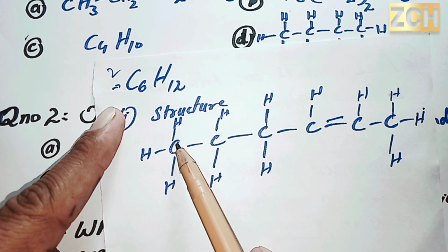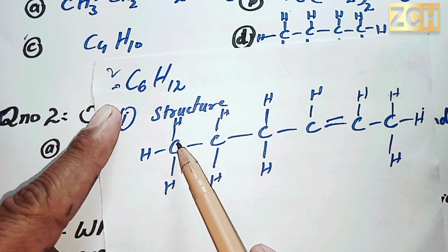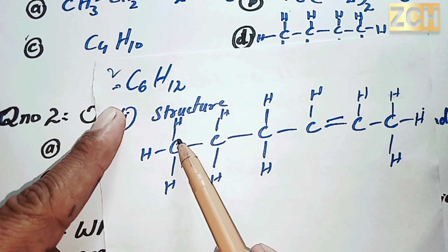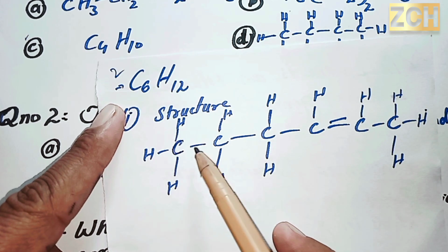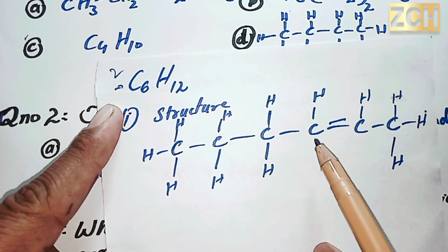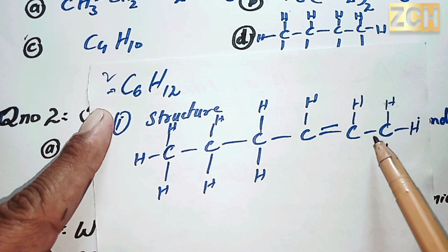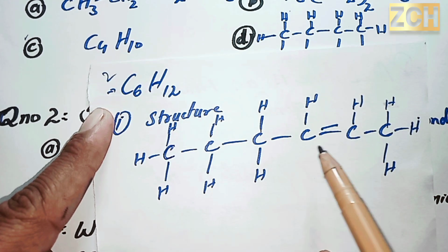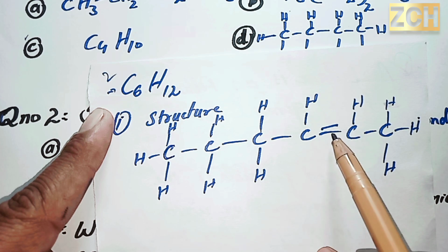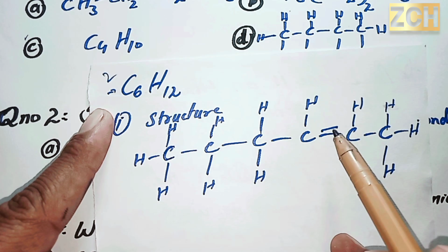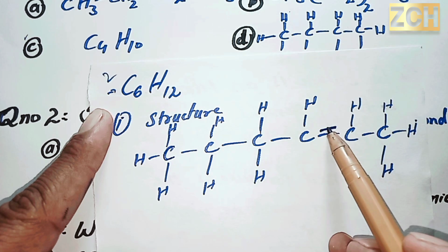As we know that carbon is tetravalent, so we write its tetravalency by bonds. When we complete it, we are short of 2 hydrogen atoms here. So by completing the valency, we write a double bond here.